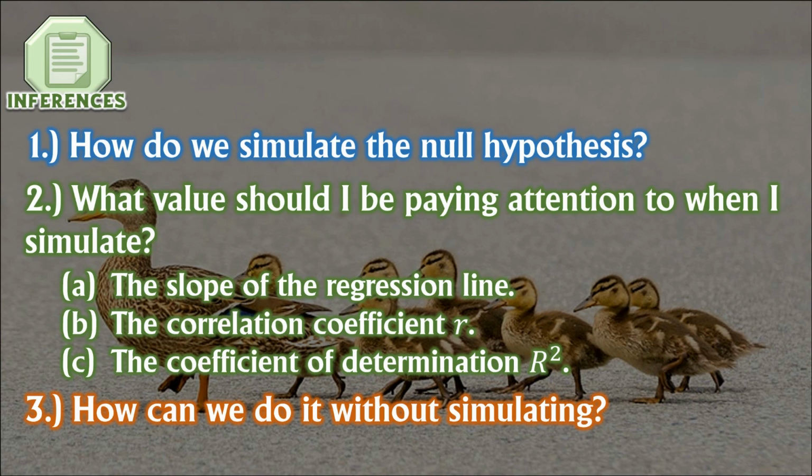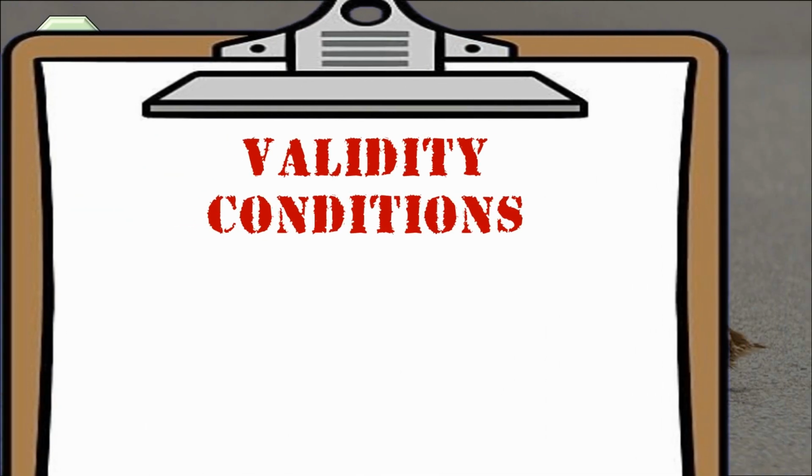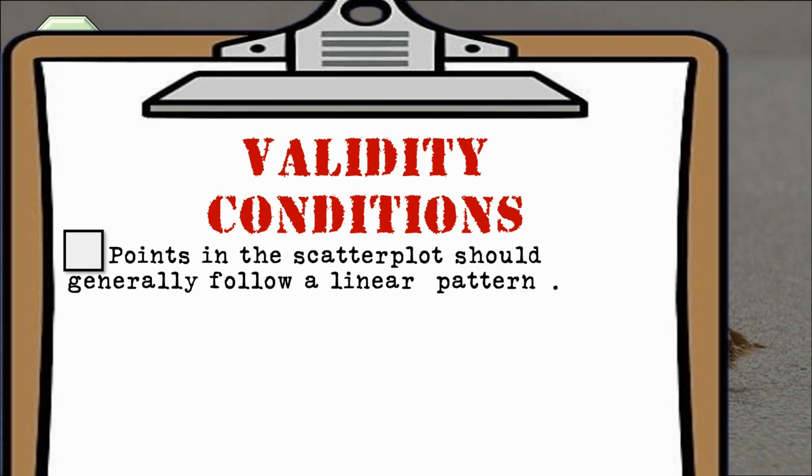Which means we get to go back to answering just our two classic questions, starting with, what are the validity conditions? I had to stretch out the clip art there to make everything fit on this slide. You can hardly tell. There's actually 3 validity conditions here. Number 1, points in the scatter plot should generally follow a linear pattern.